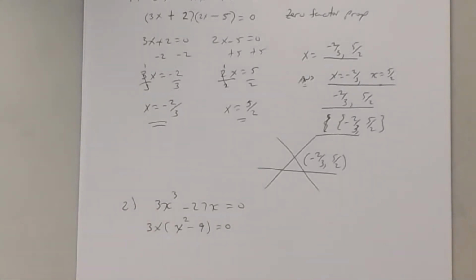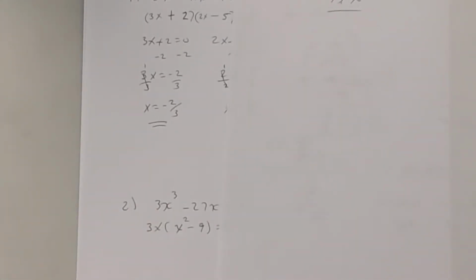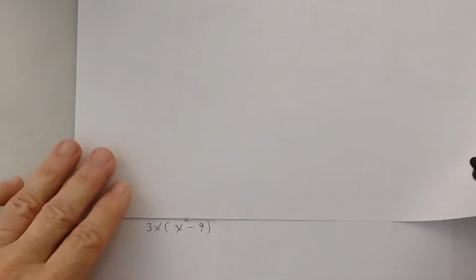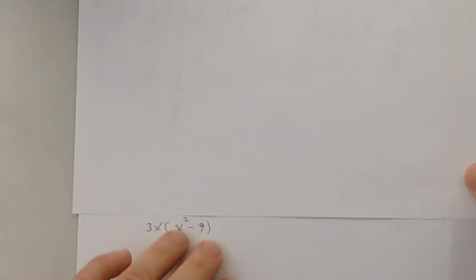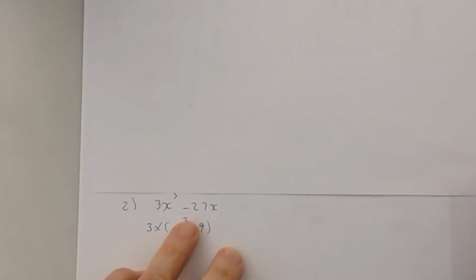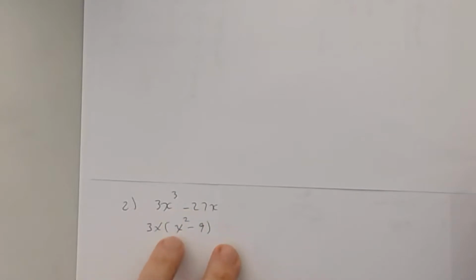Now I'm going to cover the right-hand side, and on your test, when you saw this part here, when you factored this binomial and you factored it like this, am I done? No, you could do something more with that x squared minus 9, because x squared minus 9 is the difference of 2 squares.